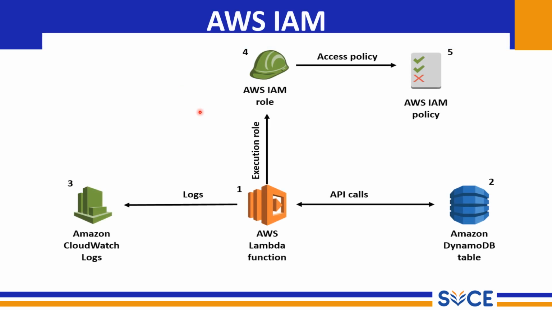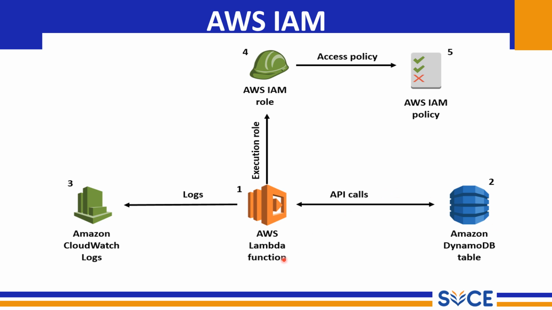So here you can see this optimized AWS administration diagram, the IAM path. It explores the IAM path between the Lambda function, and from here we get the call from the Amazon DynamoDB table.